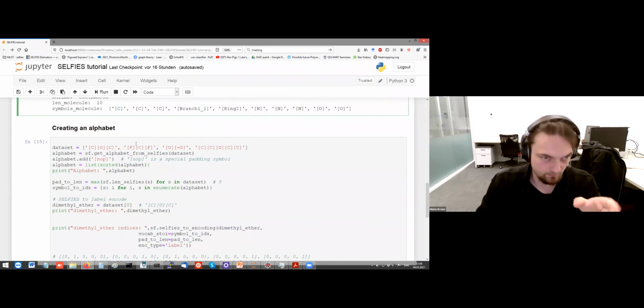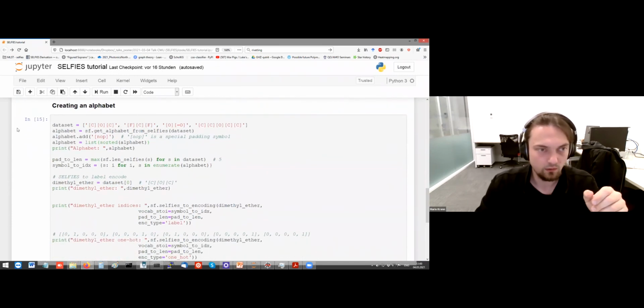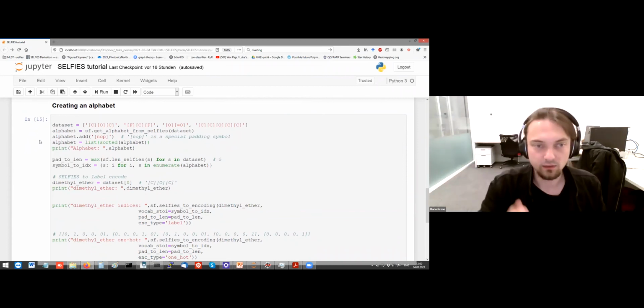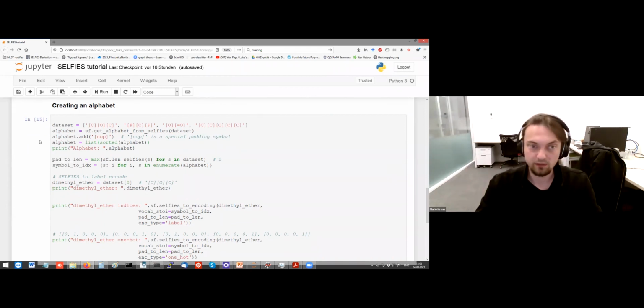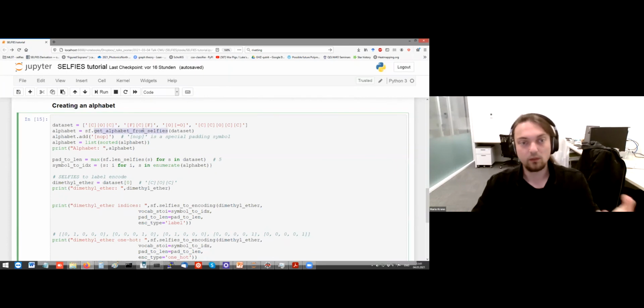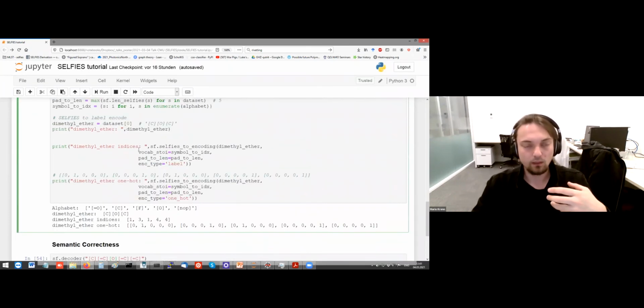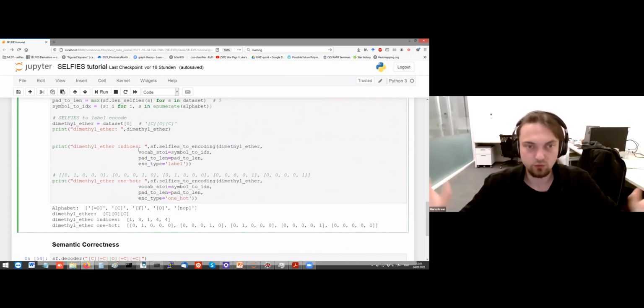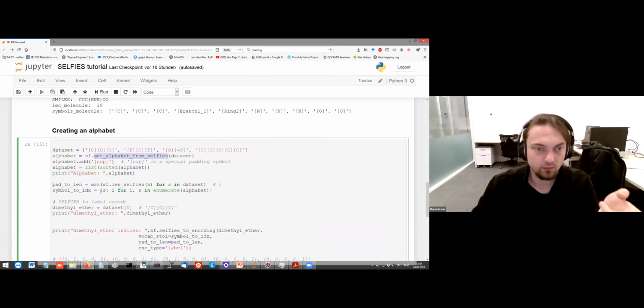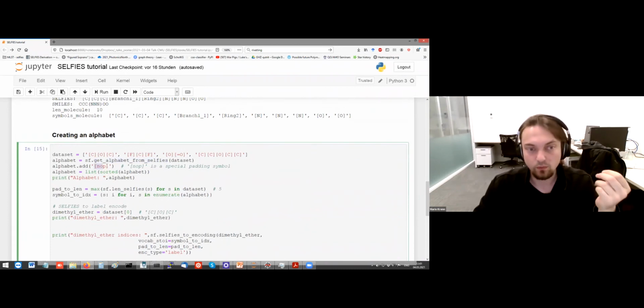And now here this is something quite useful if you want to use SELFIES for generative models. If you have a data set, our data set has 4 molecules, you can create the SELFIES alphabet from it. We do this by splitting each of the molecules into its tokens and collecting all of the unique ones. In the end, we add this no operation token, which is used for padding purposes.